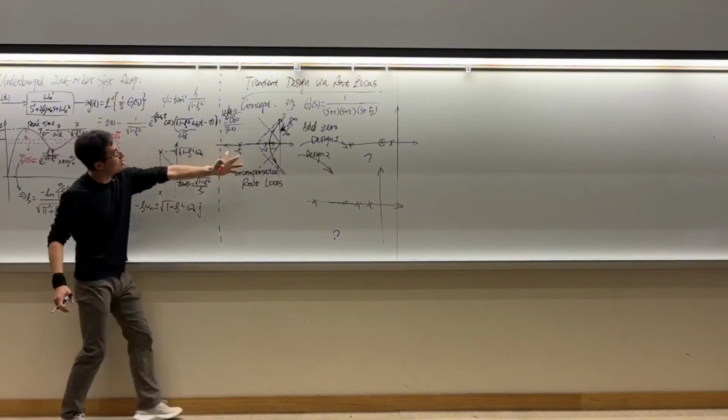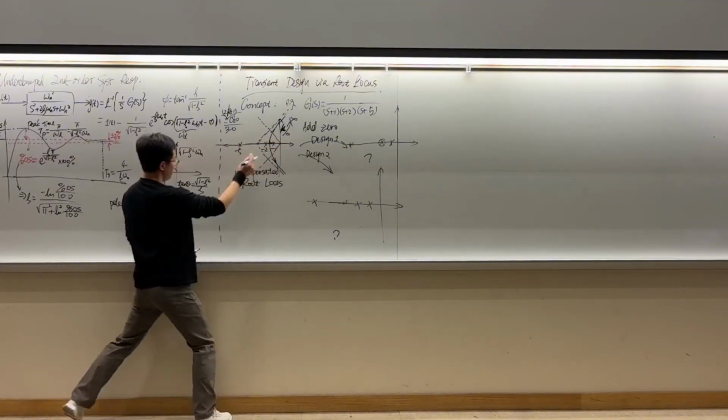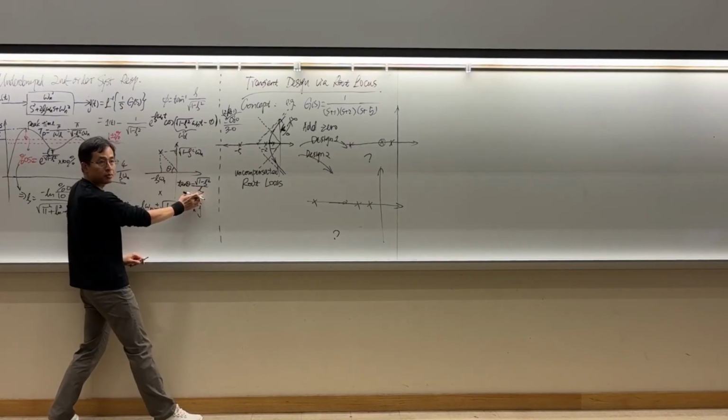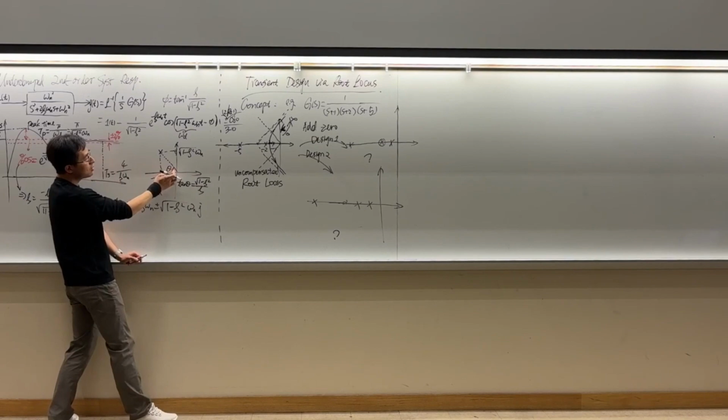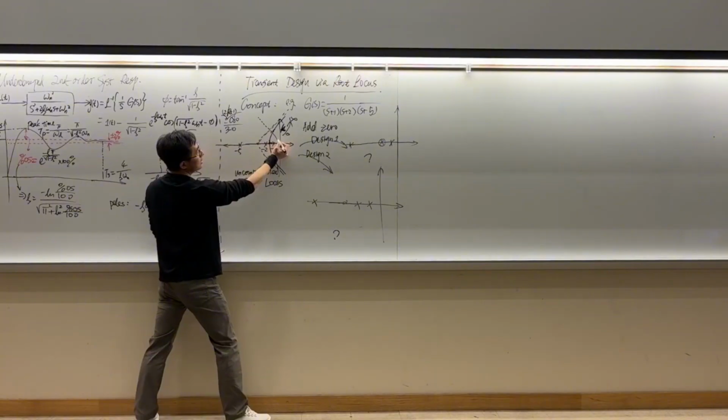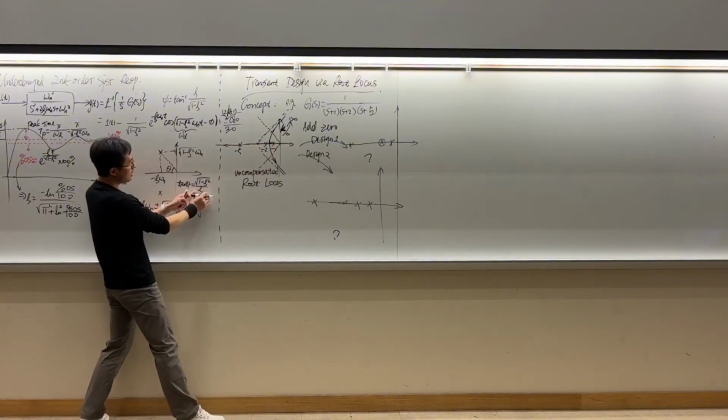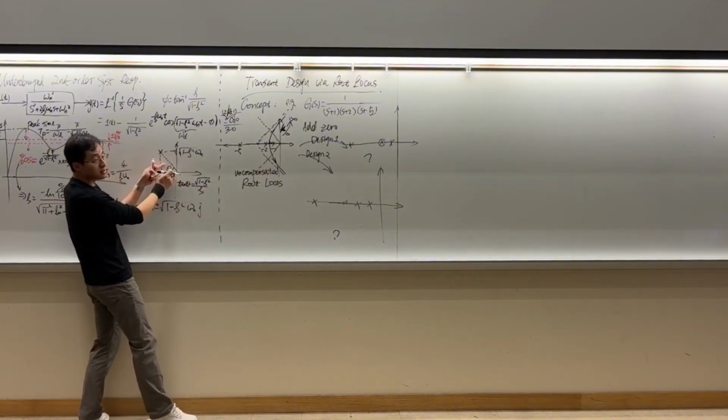So now, if you have a desired damping ratio, if you know your zeta, then you can know roughly where your dominant closed loop pole should be located in polar coordinates. You would know this angle. In other words, if you have a target zeta value, you have a target theta value.